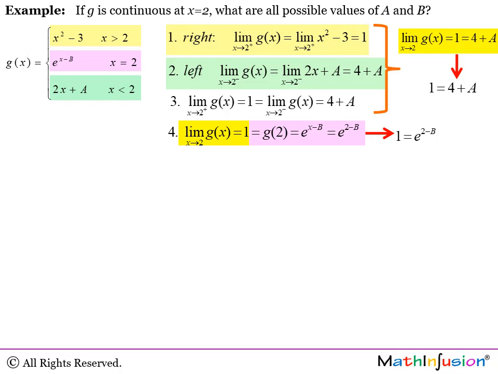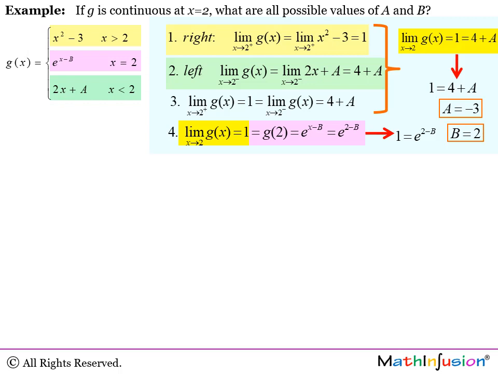So in order to make this function continuous at x equals 2, I have to solve those two little equations. From this one, I easily get that a equals negative 3. And from the second one, b has to be 2 because 1 equals e to the 0. So 2 minus b has to be 0. So b has to be 2.